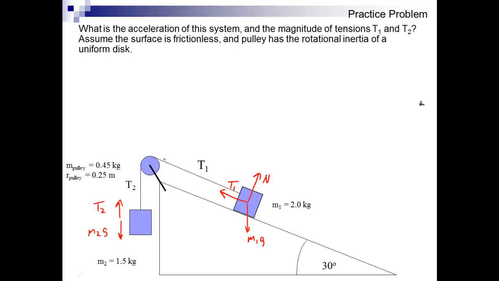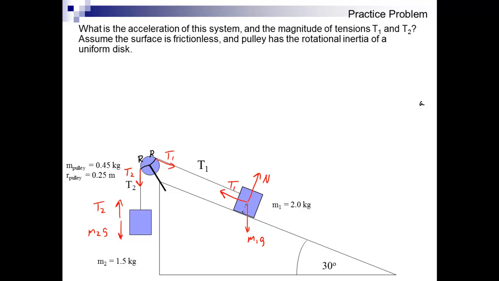The forces on the pulley, there would be T1 pulling in this direction, and T2 pulling in this direction. We have to remember the radius, we need the lever arm, so I need that R there to calculate the torques. Also, the components for M1G would be right here.